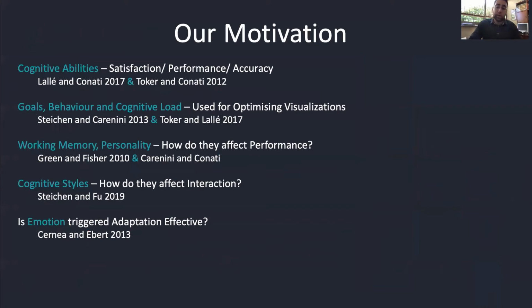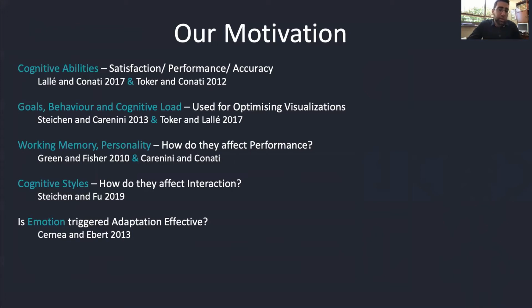Now, there are numerous academic works that have proved the joint benefits of adaptation and visualizations that consider human factors. Some of those works include optimizing visualizations using goals and the behavior of the user, or we have seen in research associations of cognitive abilities to satisfaction and performance when using visualizations.